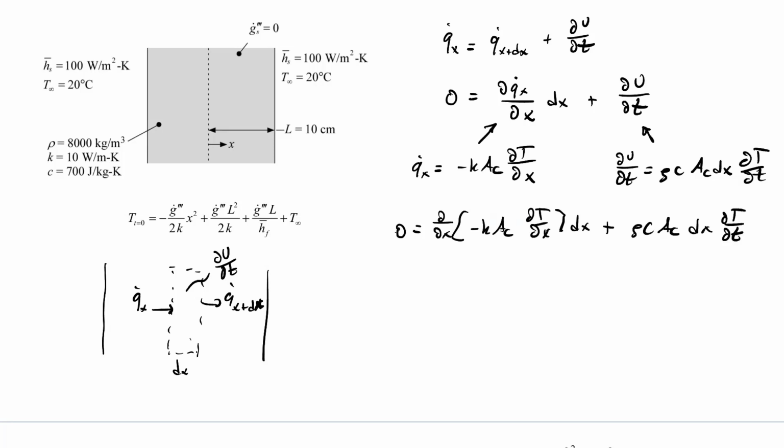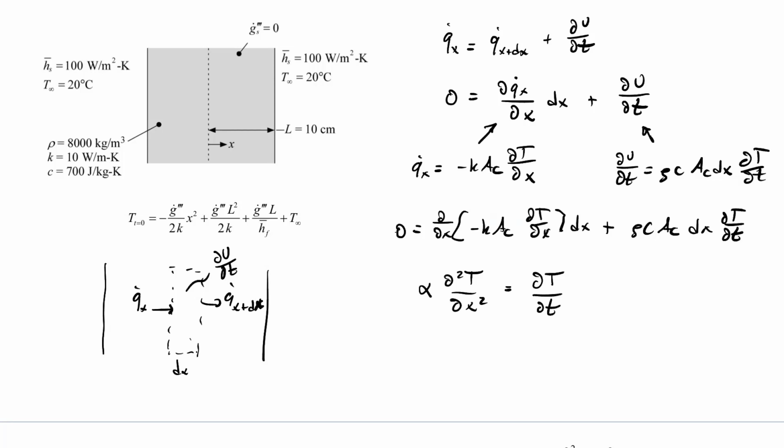One more step to simplify this down. Let's introduce our thermal diffusivity, k over rho c, which is alpha. And this simplifies down to the following: alpha times the second derivative of temperature with respect to position is equal to the first derivative of temperature with respect to time.